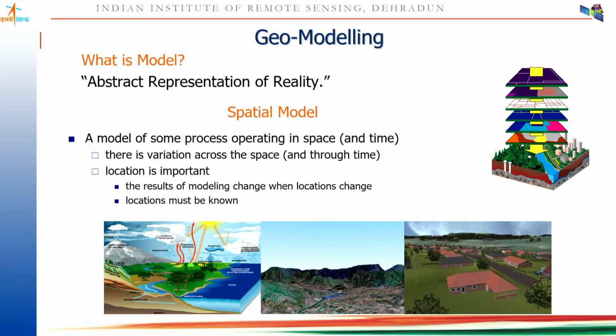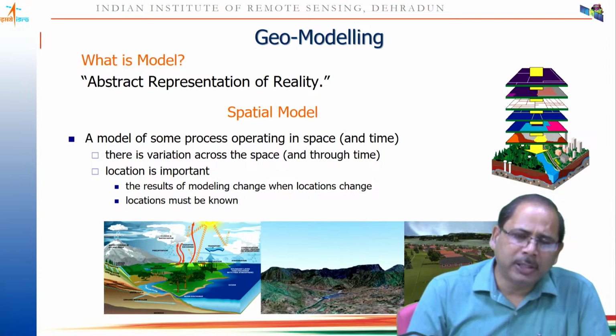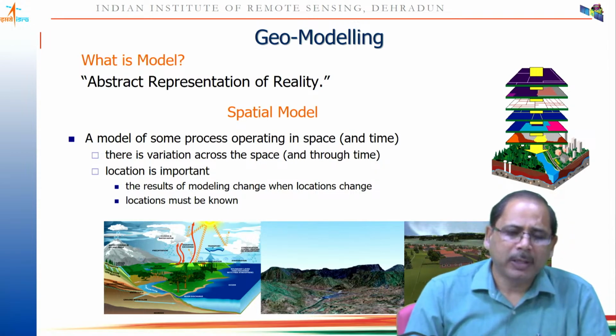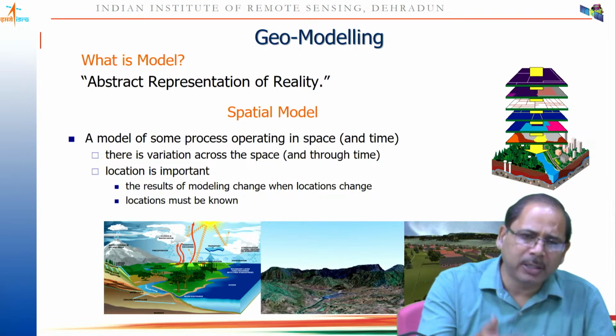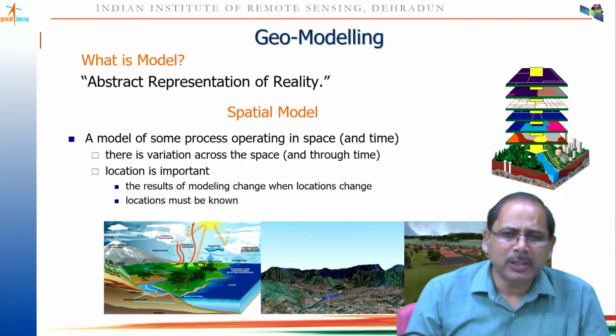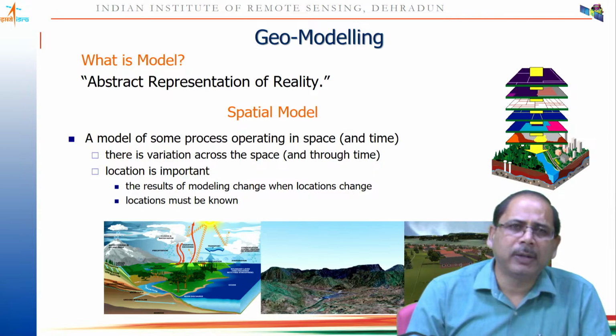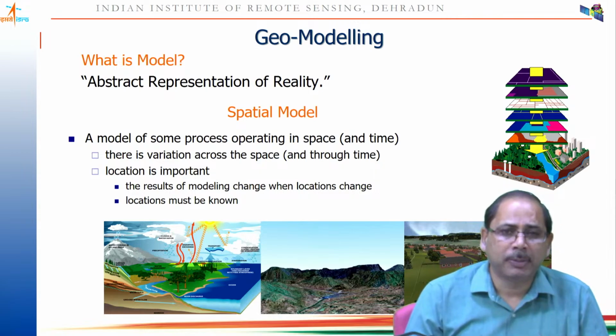Location must be known. So when we say modeling, as I told you, models are abstract representations of reality. Suppose you are interested in generating future scenarios by considering the historical data and present data, then you have to apply some models on that. Models will generate the future scenarios, and which scenario will be best depends on the knowledge of the subject matter expert.